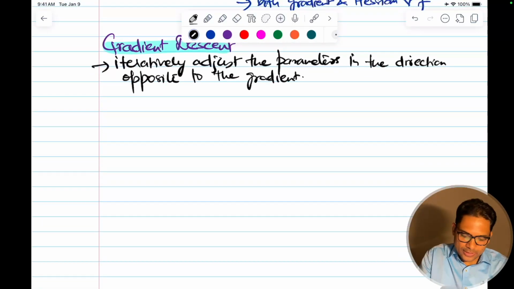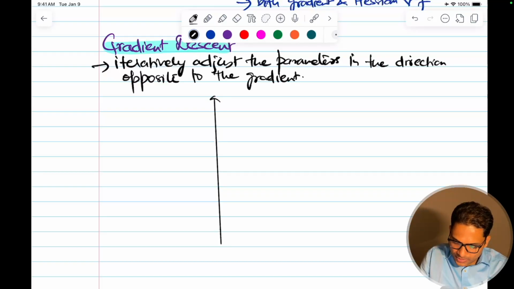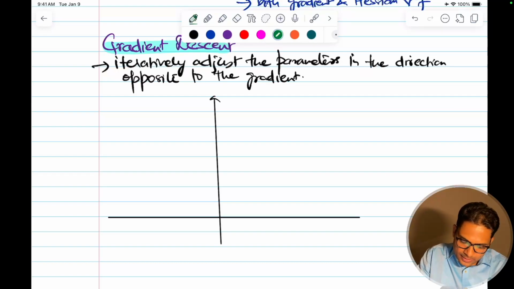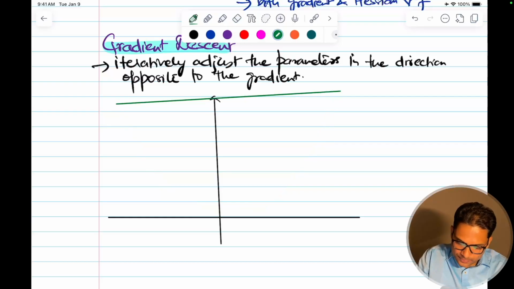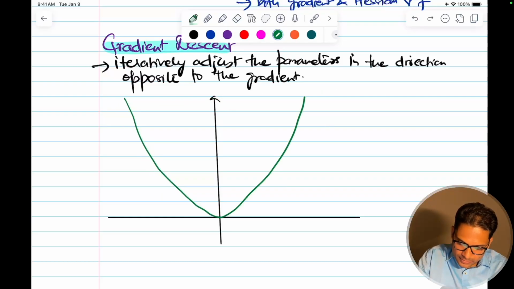So let me tell you what I mean. For example, we'll use the same parabola. This is your parabola. This is a bit steep, but still okay. And let me write numbers. Here, this is 1, 2, 3, 4, 5.